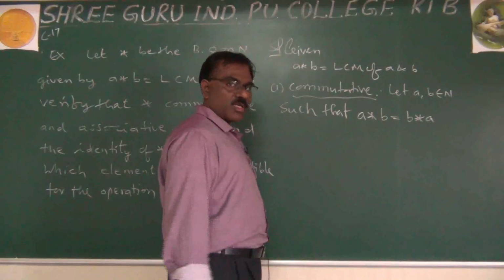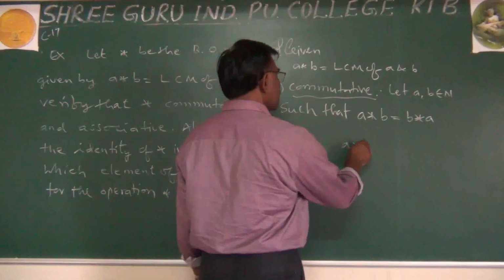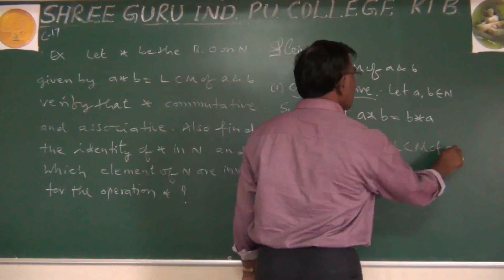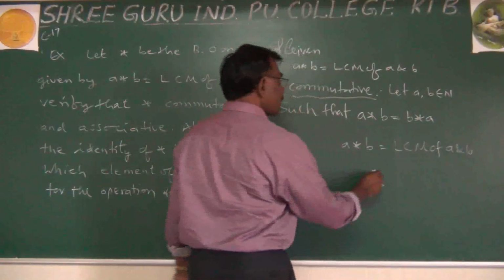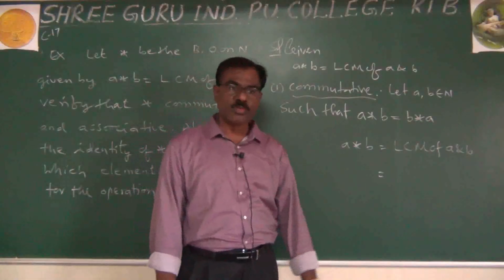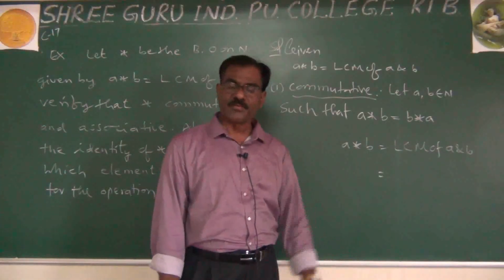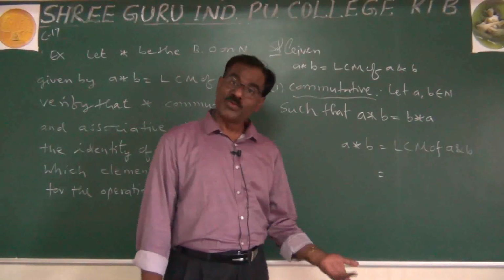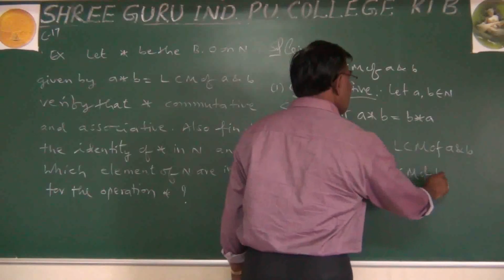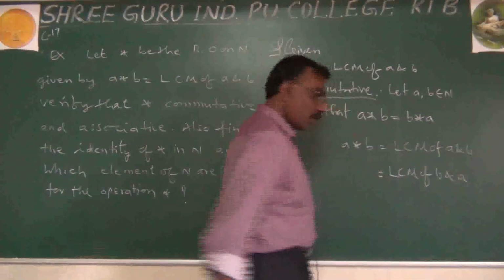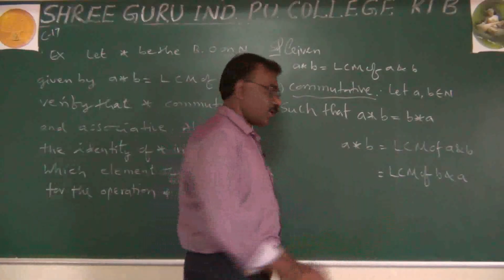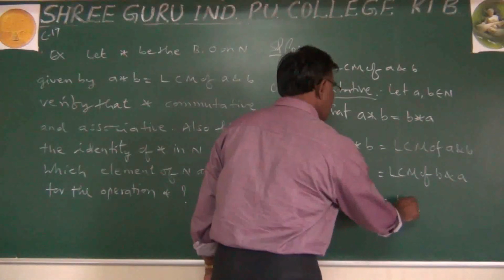See whether both are equal. A star B is LCM of A and B. LCM of A and B is the same as LCM of B and A. For example, LCM of 2 and 3, what is the LCM of 3 and 2? 6 only. So it is the same.